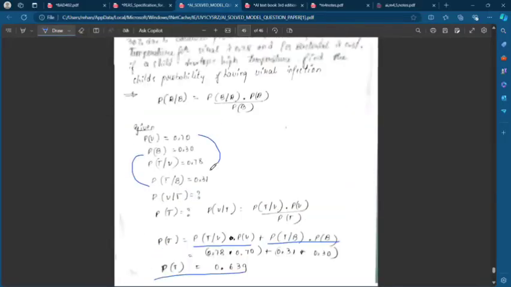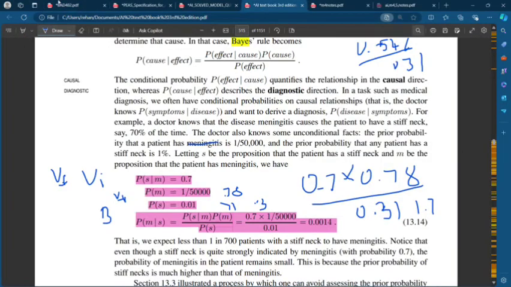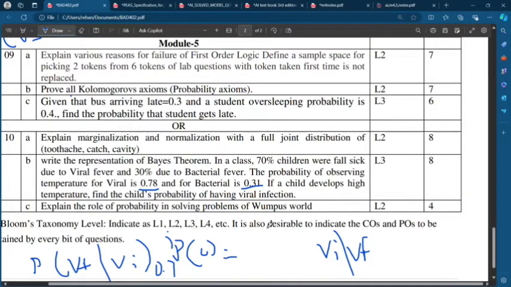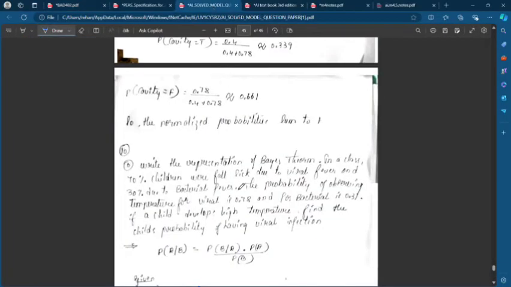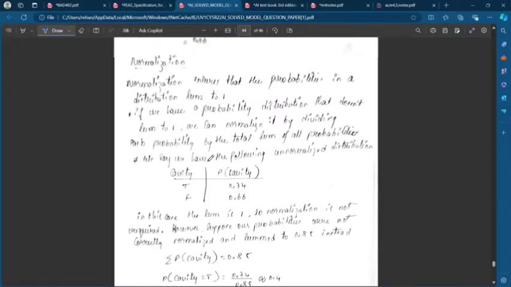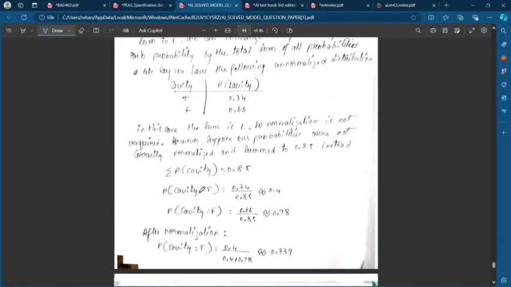So you understood, right? Let me explain once again what it is saying. According to the question, this 0.78 is nothing but the probability of, wait, let me erase this. Probability of viral infection due to this temperature is 0.78, am I right? That's what he has done here.